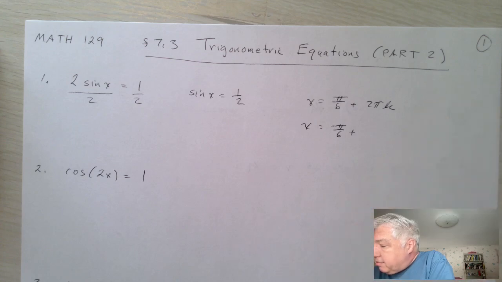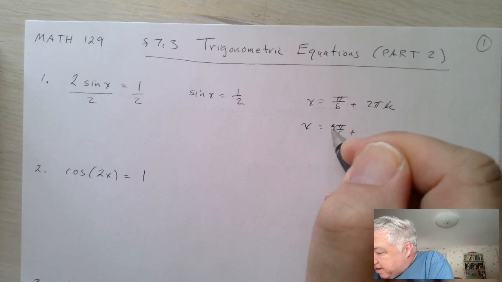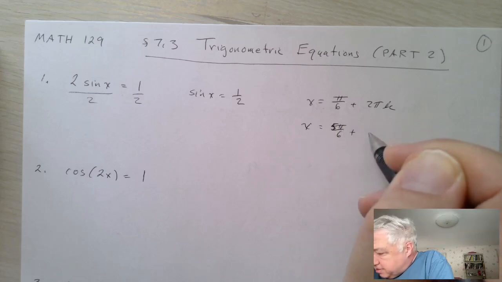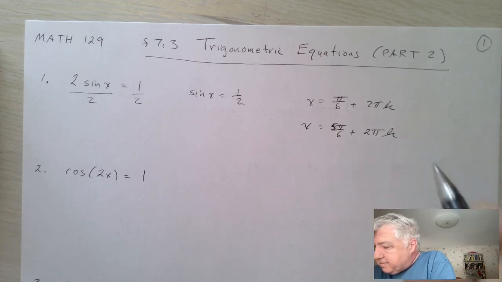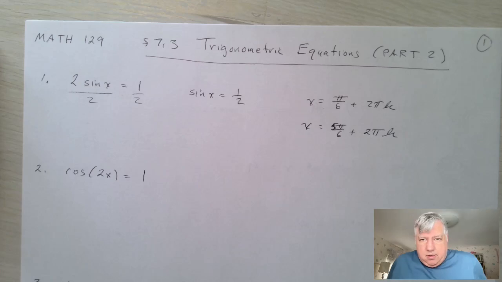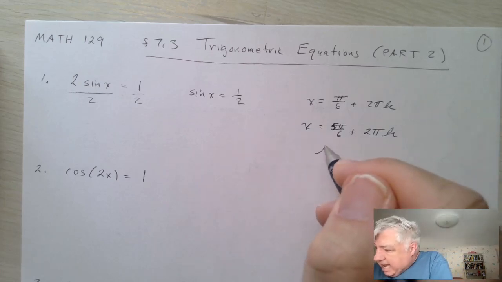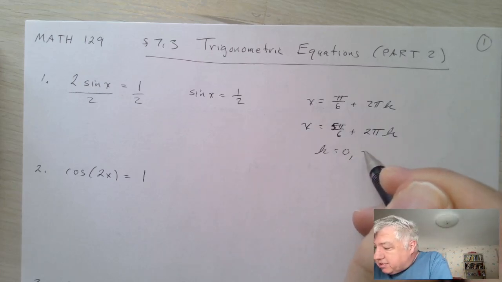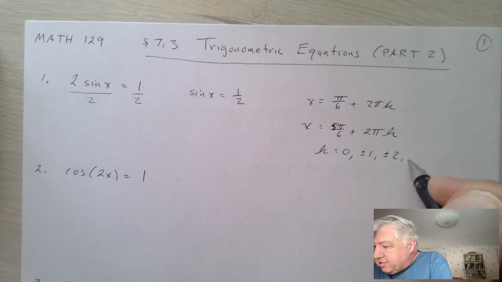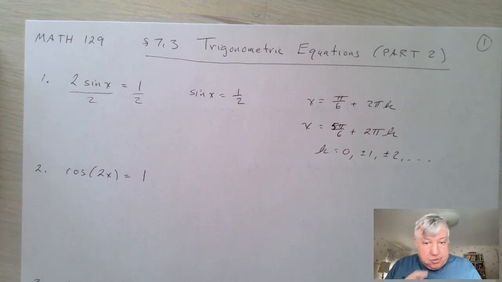I'm sorry, I was right the first time. 5 pi over 6 plus 2 pi k, where again k is going to be any integer: 0, plus or minus 1, plus or minus 2, and so on. So that's that.